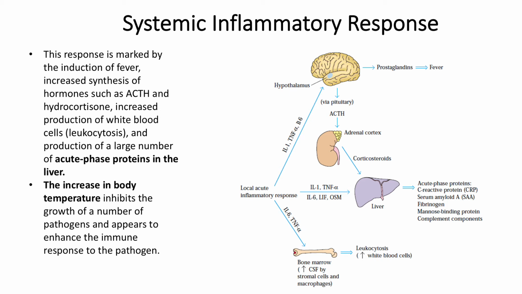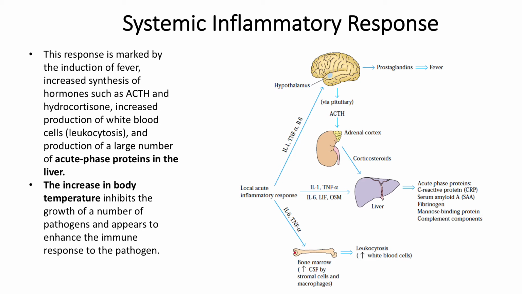What actually is happening here, local acute inflammatory response happened, okay, and then it is releasing these cytokines IL-1, TNF alpha, and IL-6, and then it is stimulating the pituitary gland and the hypothalamus.